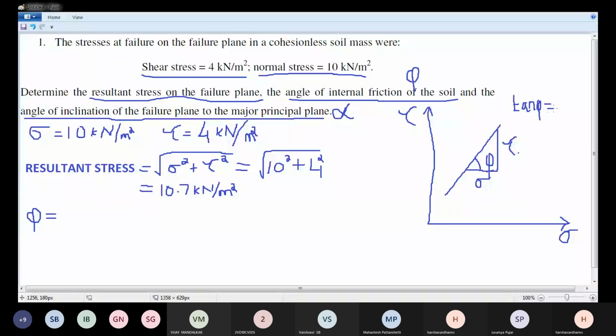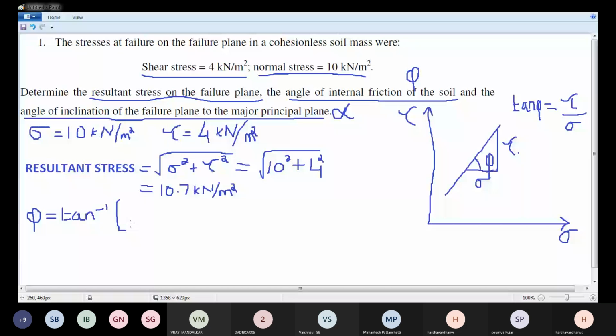Tan of phi is opposite divided by adjacent. So opposite is the y-axis, that is shear stress, and adjacent is the normal axis, that is sigma. So phi is equal to tan inverse of tau divided by sigma.